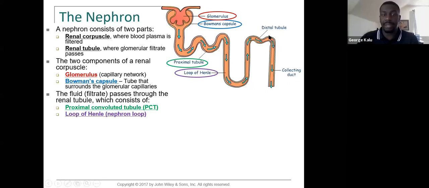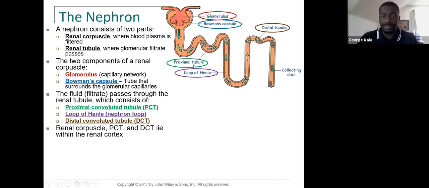Then we have the distal convoluted tubule, the end portion here. The proximal convoluted tubule, the distal convoluted tubule, and the renal corpuscle are all found inside the renal cortex, not inside the renal medulla, but in the outside portions of the kidney.